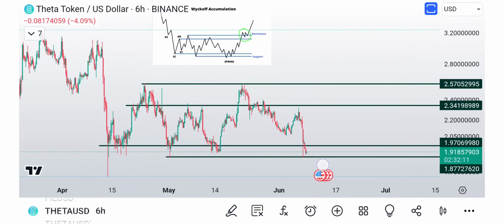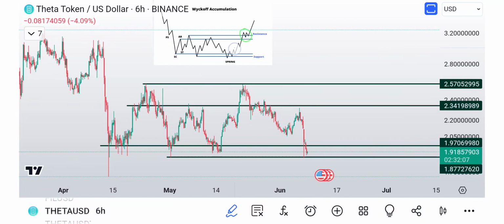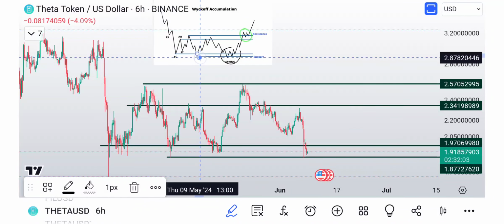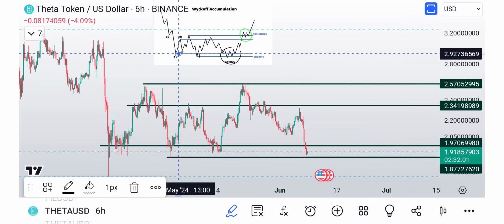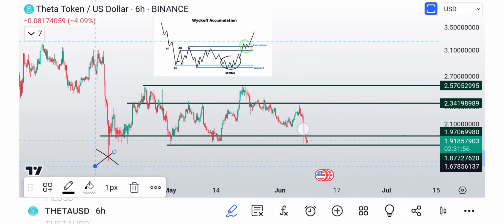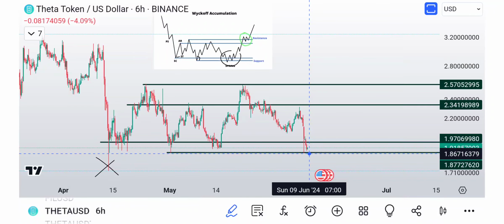So what I think is happening here, right? You could see what a spring does. It actually breaks the support here, this support here, and the support here. So, excluding this wick, I would imagine it's either finished now or it's in the process of being finished.